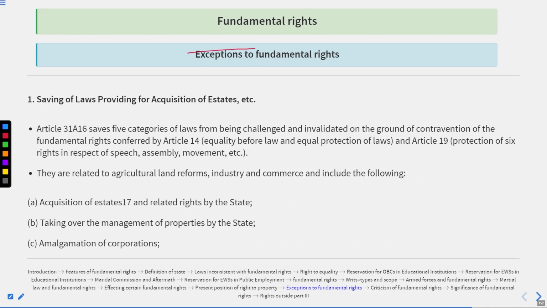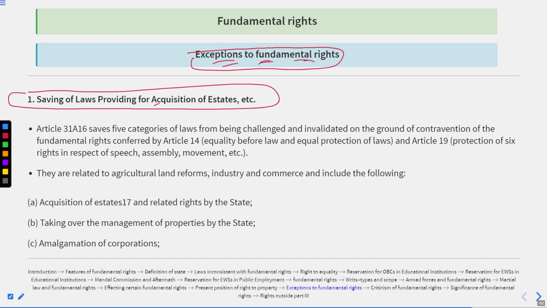So if we talk about the exceptions to the fundamental rights, first is saving of laws providing for the acquisition of estates.